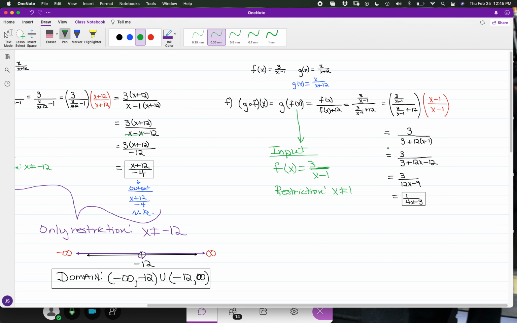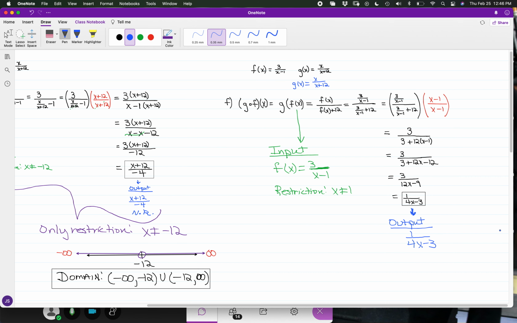And for the output, this time we have a fraction with a variable expression, 4x, in the denominator, which I did not have in the previous composition. So I have 1 over 4x minus 3.